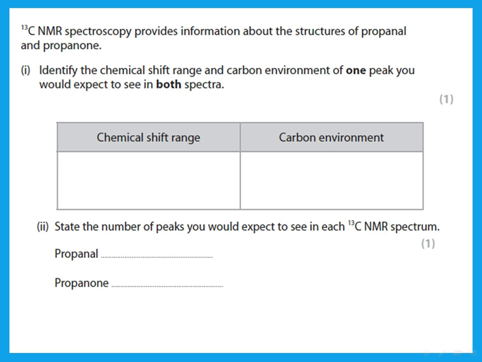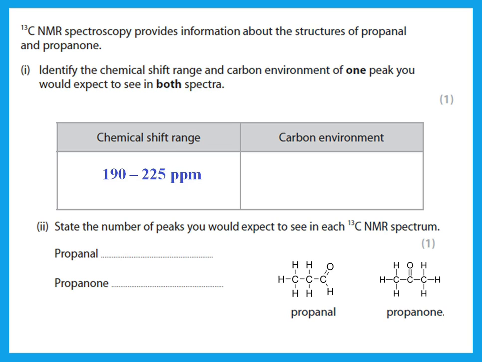Of course, both propanal and propanone will have a C=O, and this C=O is at this kind of chemical shift. So please refer to the data booklet to record the chemical shift range.